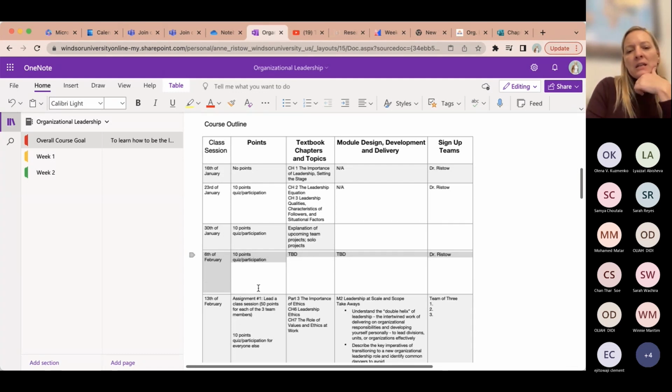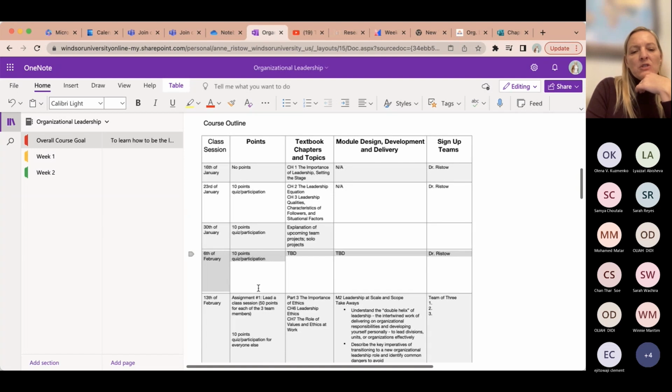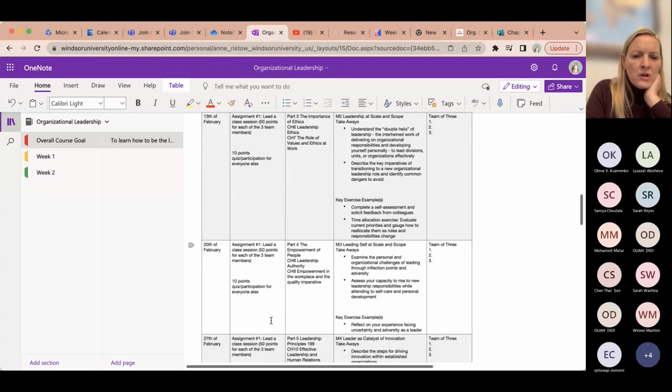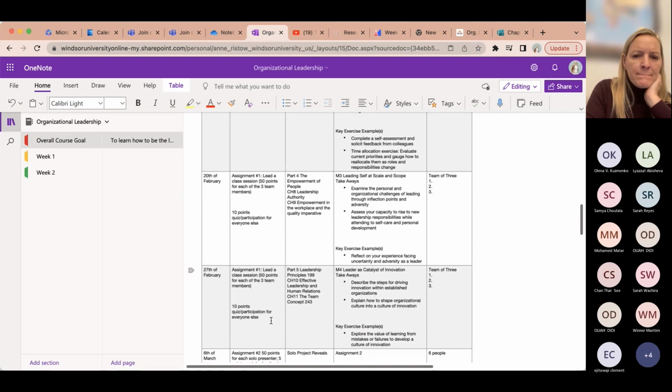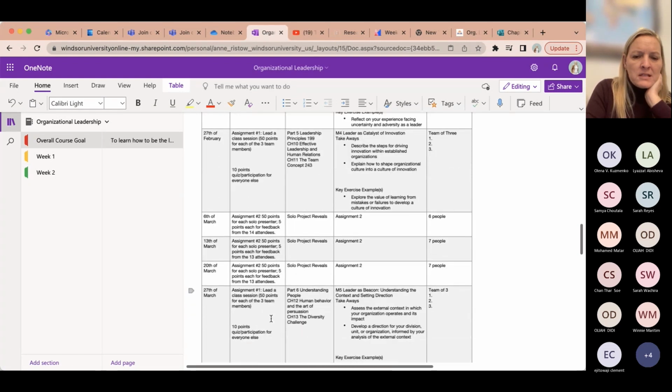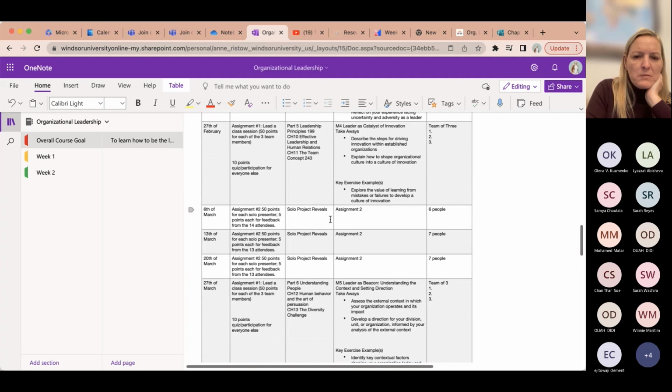And so at the end of your chapter 2 and 3 quiz, I'm adding a question that gives you the option for us to either meet in replacement of the 6th of February to meet on Saturday, the 4th of February, same time, 9 o'clock my time, or to give you that time to work on your solo projects, which will be coming up on the 6th of March, assignment 2.